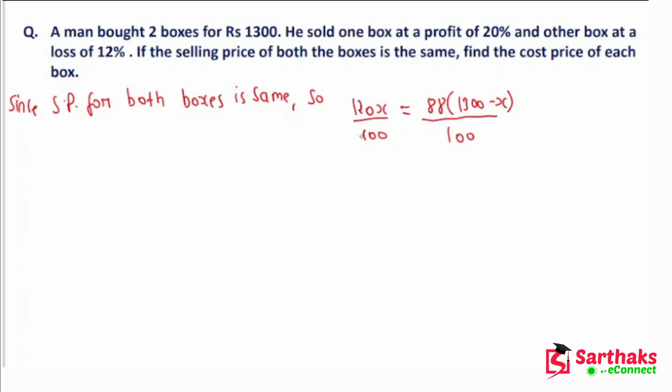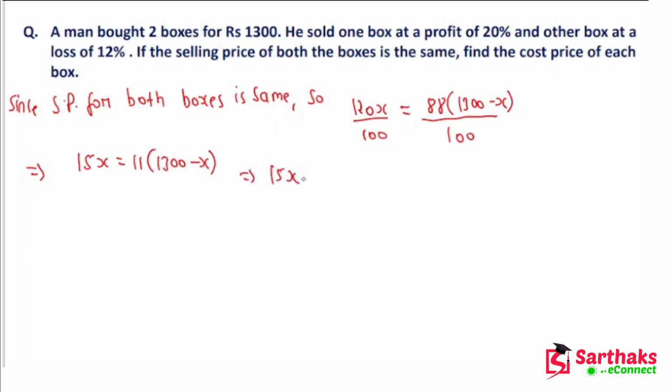Cancelling the common factors, we'll cancel 100 with 100, then we will divide 120 by 4, then 88 by 4, then we'll again cancel out the common factors, so we'll get 15x is equal to 11 into 1300 minus x, right?